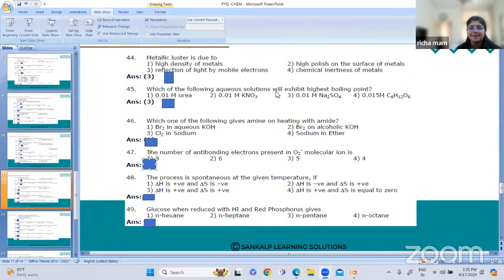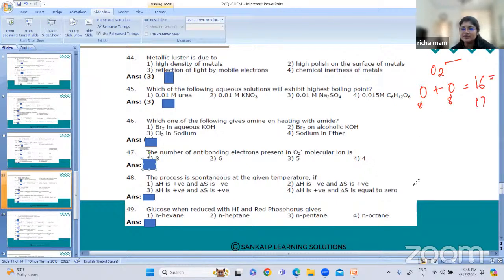How many antibonding electrons are present in O2 minus? If I write the distribution of electrons of O2 minus, oxygen is 8 electrons, one more oxygen 8 electrons, so 16 plus 1, it will be 17 electrons.